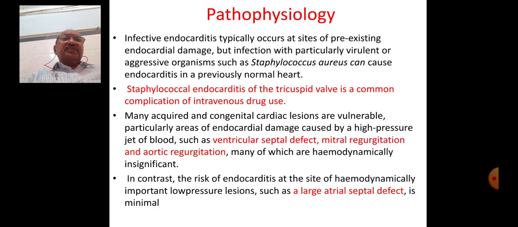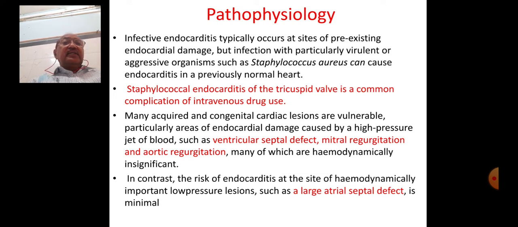Regarding the pathophysiology of infective endocarditis, it typically occurs at the site of pre-existing endocardial damage. But infection with particularly virulent or aggressive organisms such as staph can cause endocarditis in a previously normal heart. Staphylococcal endocarditis of the tricuspid valve is a common complication of intravenous drug abuse.